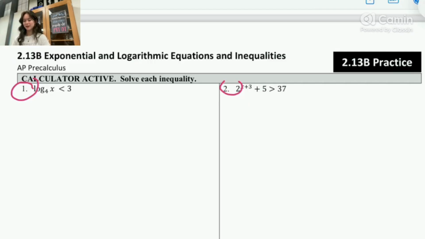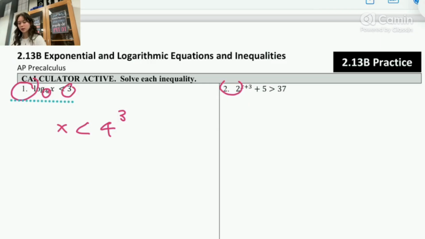Okay, so we're going to start by separating numbers from the log. So we're going to do x is less than 4 to the power of 3, because the base of 4 to the power of 3 is the same thing as x.